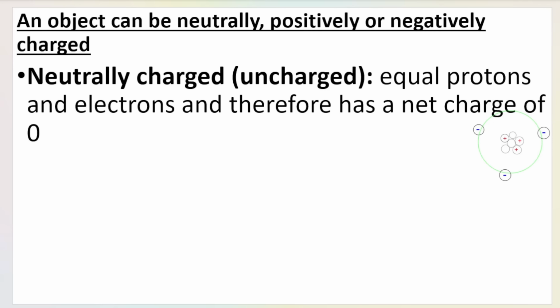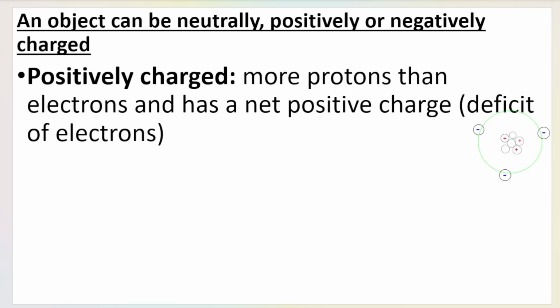Positively charged, they have more protons than electrons. And what's important to state is actually that they have a deficit of electrons. So deficit means a lack of electrons. They have lost electrons. They have less electrons than protons.